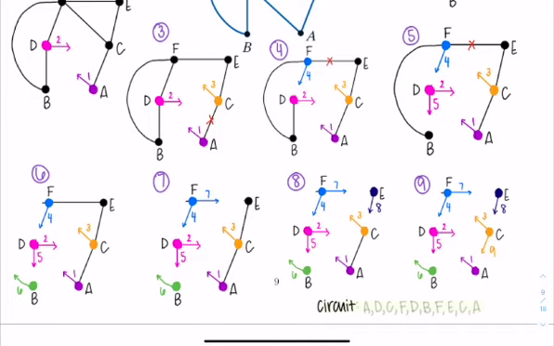So this means that my final circuit goes from A to D, D to C, C to F, F to D, D to B, B to F, F to E, E to C, and back to A.